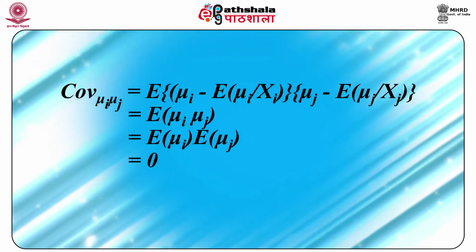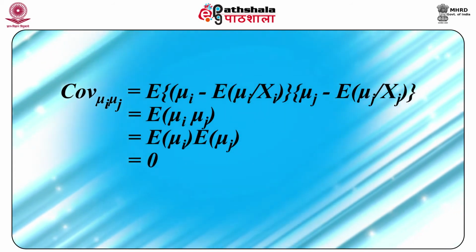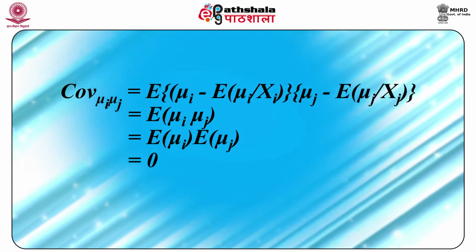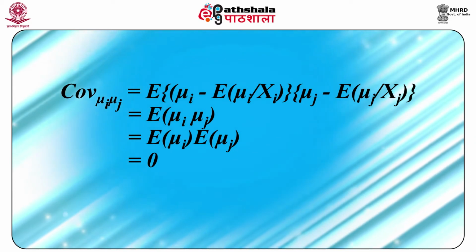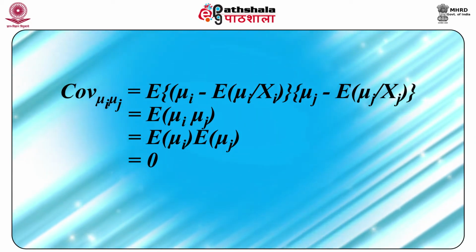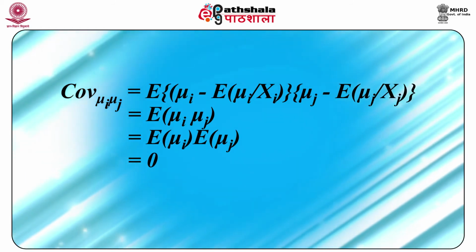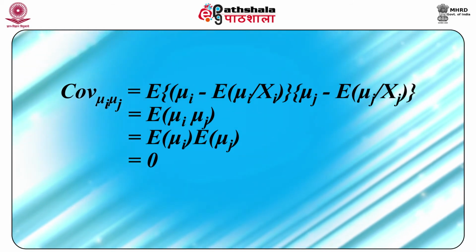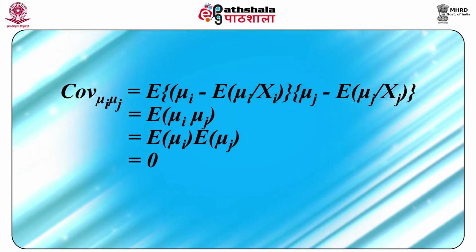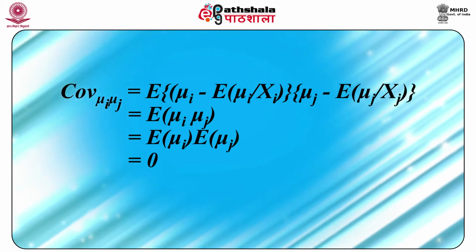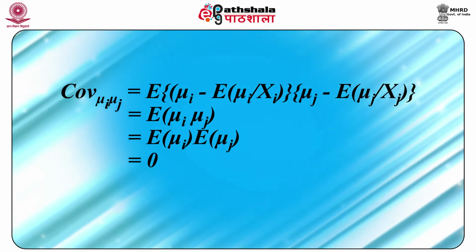This, in other words, means covariance between mu i and mu j is equal to 0, which can be written as covariance mu i mu j is equal to expected value of mu i minus expected value of mu i given xi into mu j minus expected value of mu j given xj. This is equal to expected value of mu i mu j, because expected value of mu i given xi is equal to expected value of mu j given xj is equal to 0 because of assumption 3.